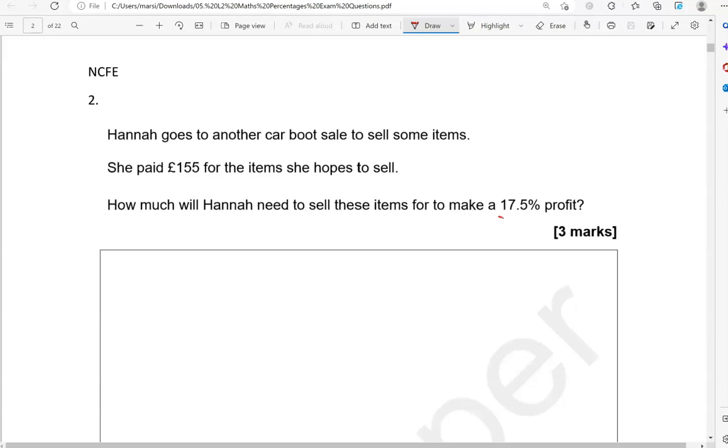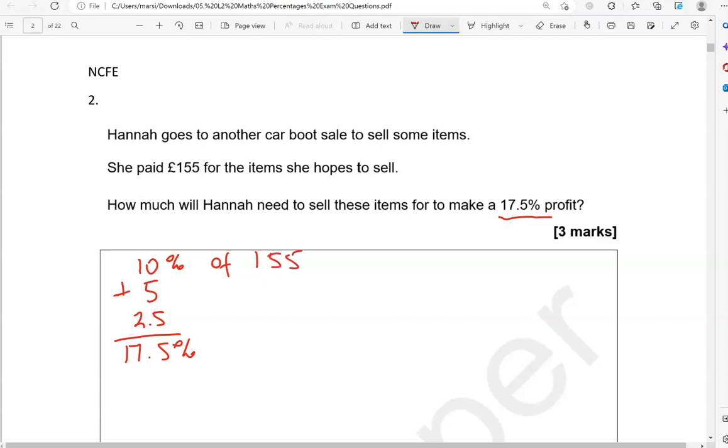So, 17.5% profit. As we can't use a calculator, we'll break this down into 10%, 5%, and 2.5%. So when you add these together, it gives you 17.5%.